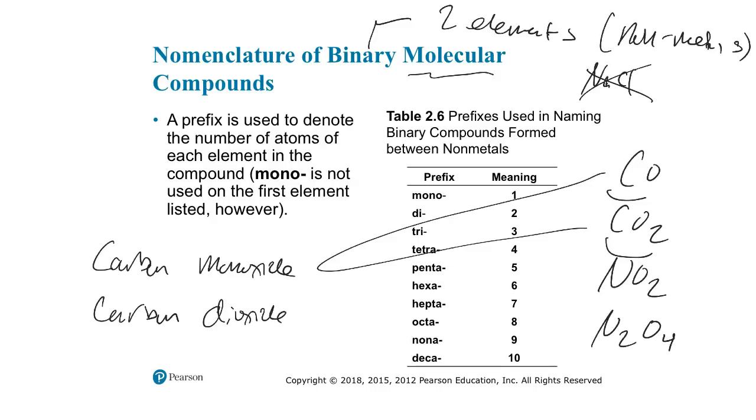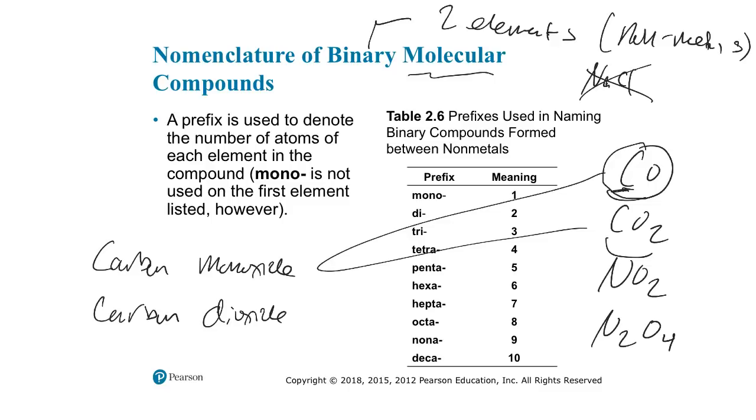We're not starting with mono if there's only one atom that comes first. There's one carbon, but we're not calling it monocarbon. We're just assuming there's one if there's no mono. And then we're using prefixes to indicate the quantity of the second element. So it's not carbon oxide for one oxygen, but monoxide to stress that there's just one oxygen. Di to stress two, tri, tetra, penta, hexa. These are just your ordinary prefixes out in front.